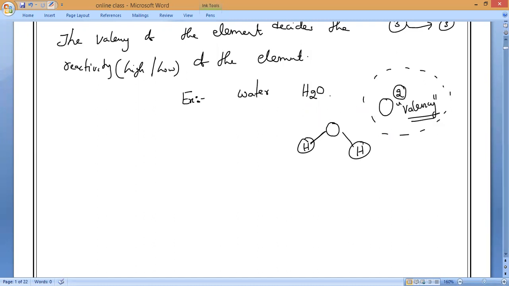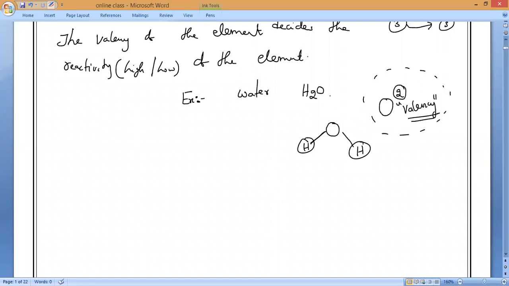Suppose I make a third hydrogen, is it possible to combine with oxygen? No, sir. So that is why the maximum capacity of oxygen to react with hydrogen is 2. One atom of oxygen will react with 2 atoms of hydrogen.